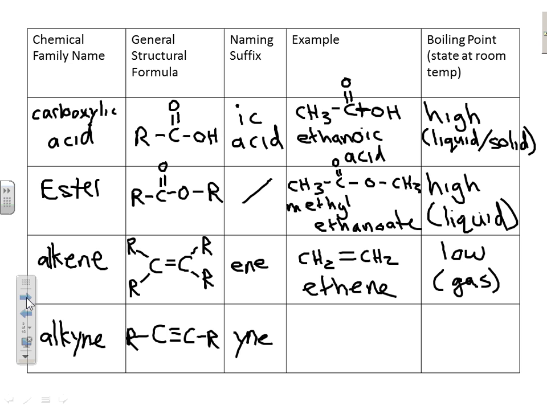I'm going to just put the simplest one, a CH with a triple bond and then a CH. And that is ethyne, and again, low boiling point and a gas. All right? Okay?